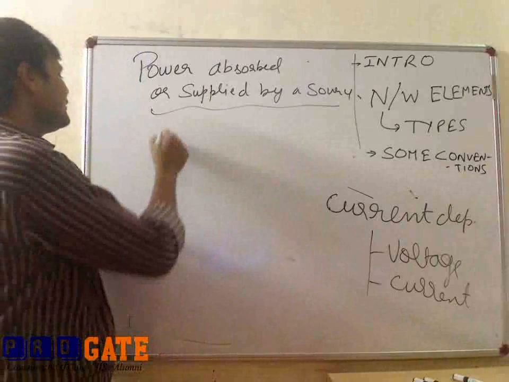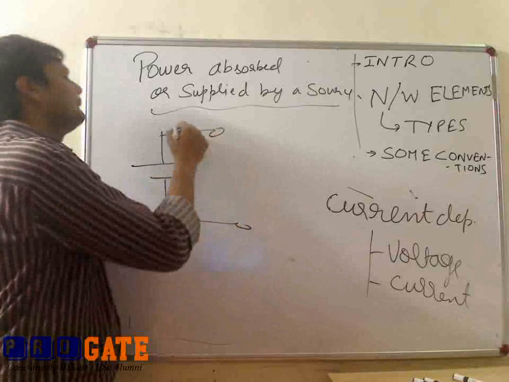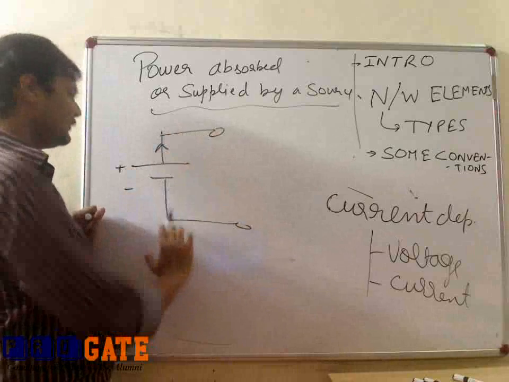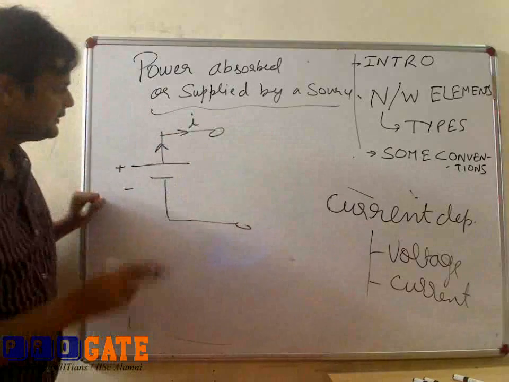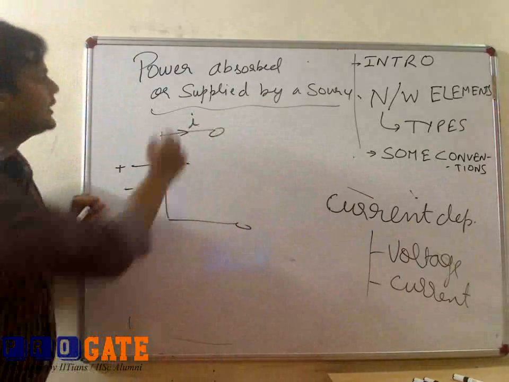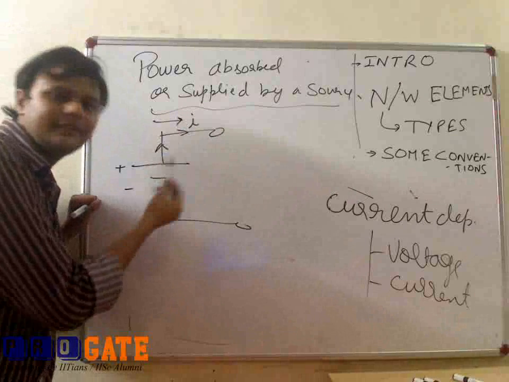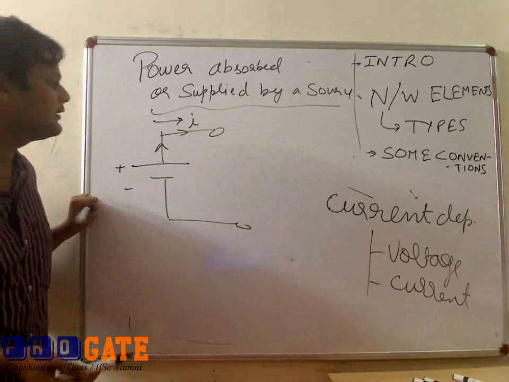So if I have a voltage source, or a battery, and if the current is flowing in this direction, then I will say this source is giving the power to the circuit, or it is supplying the power to the circuit.